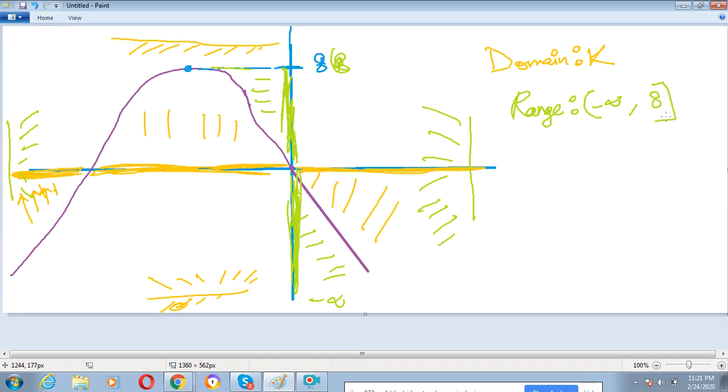So come to exercise 4D, page 144. The last question of 4C is homework, and we'll come to 4D.